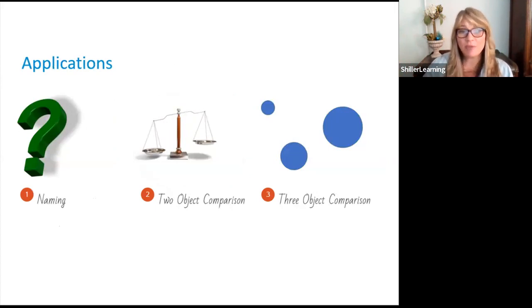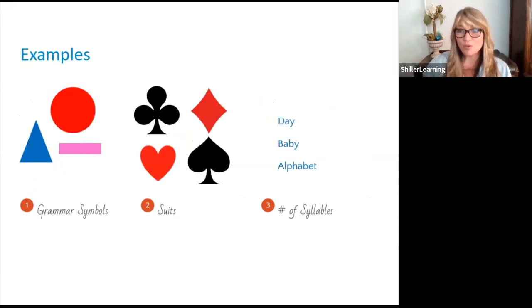Now, the applications of the 3-period lesson, it really is across all disciplines. You can use it for new vocabulary. You can use it when you are doing object comparison. Some examples: grammar symbols, when you're introducing those, you want to do that with the 3-period lesson.